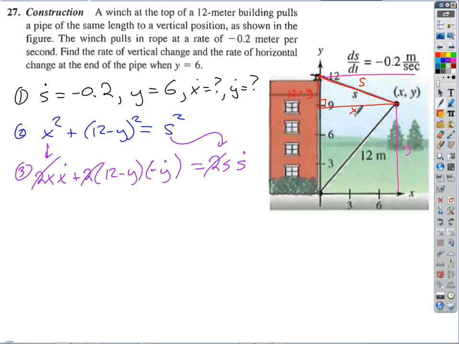What do you think? If I know that the length of the pipe is 12, right? You guys have to come up with a way, because when I'm trying to plug stuff in here, look at the problem I've got.